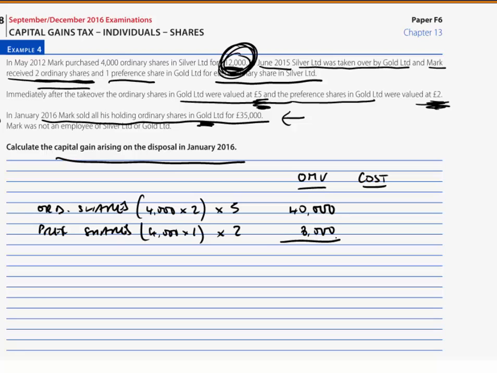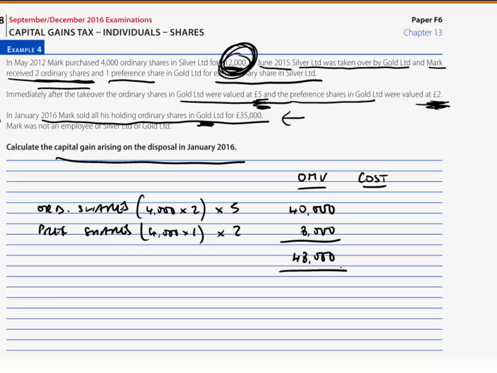So at the time of takeover, we received £48,000 worth of shares within Gold Limited. That divided between £40,000 worth of ordinary and then £8,000 worth of preference shares.